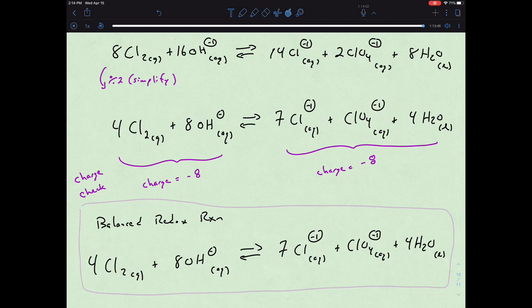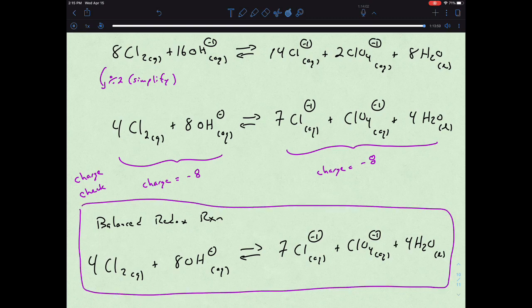And so that there is our overall balanced redox process, and specifically balanced under basic conditions.